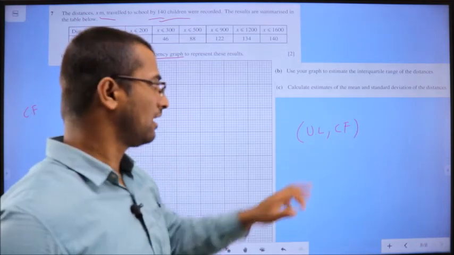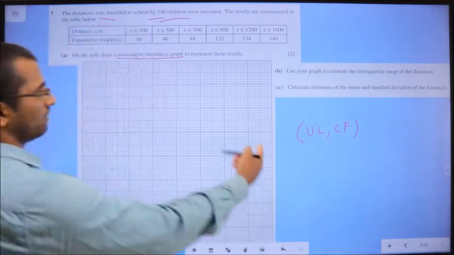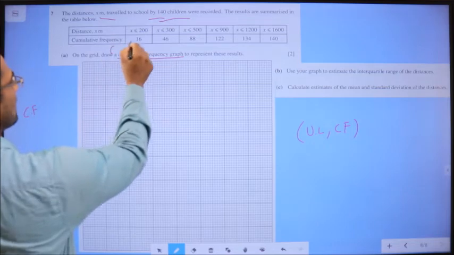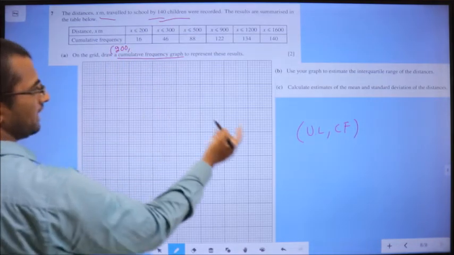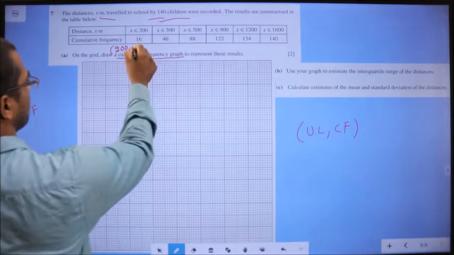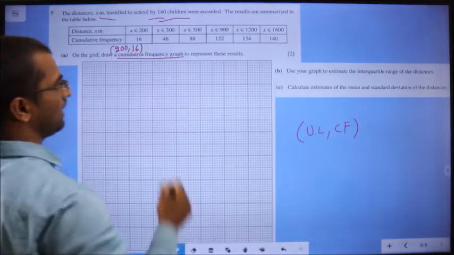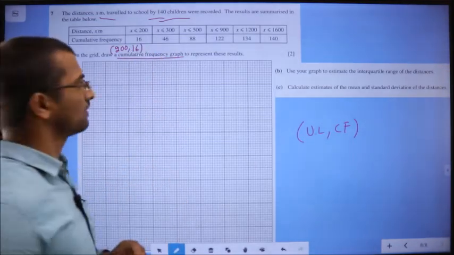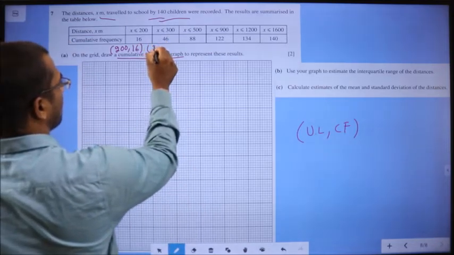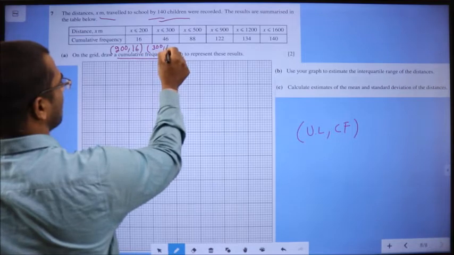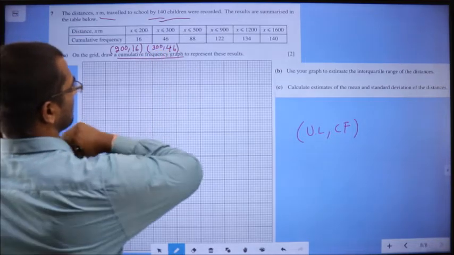How do I get the points? First is the upper limit. What is the upper limit here? 200, comma CF is 16. We don't need to add since it's directly given. For the second column, upper limit is 300 and CF is 46.